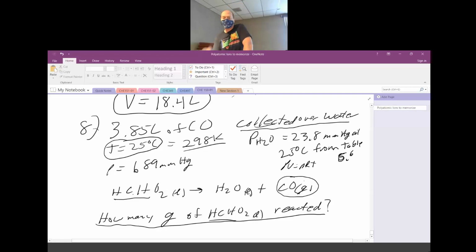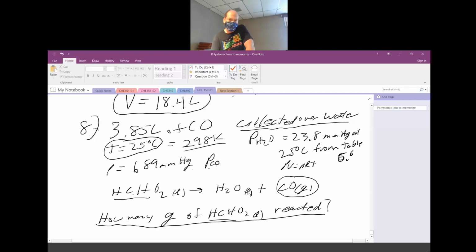All right, so this one's a little different. It's the opposite of the other one, where we were given the mass of the reactant and found the volume of the product. This time we're given the information on the product and we say how much of this reactant was used. The hard part here is the pressure. When you see collected over water, the pressure of CO is not equal to the pressure total.